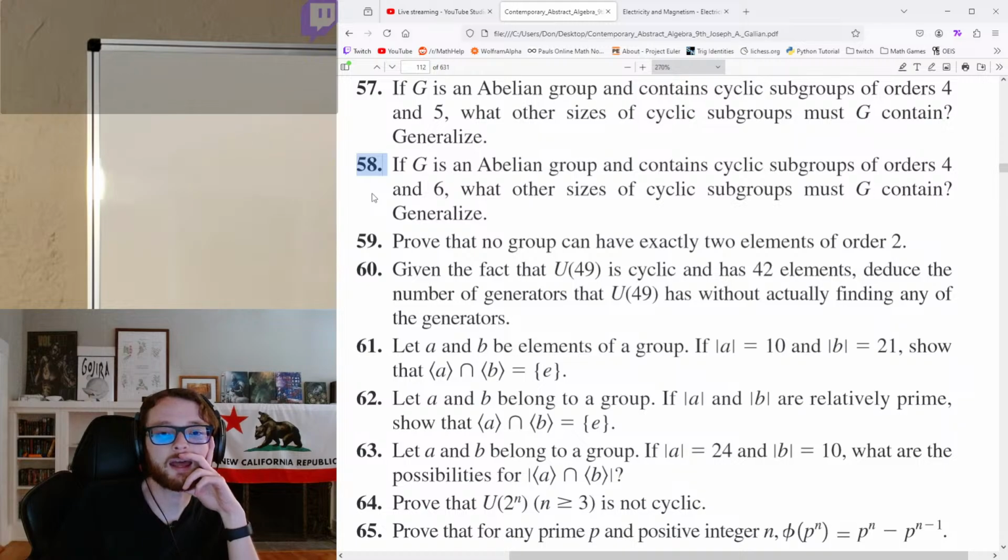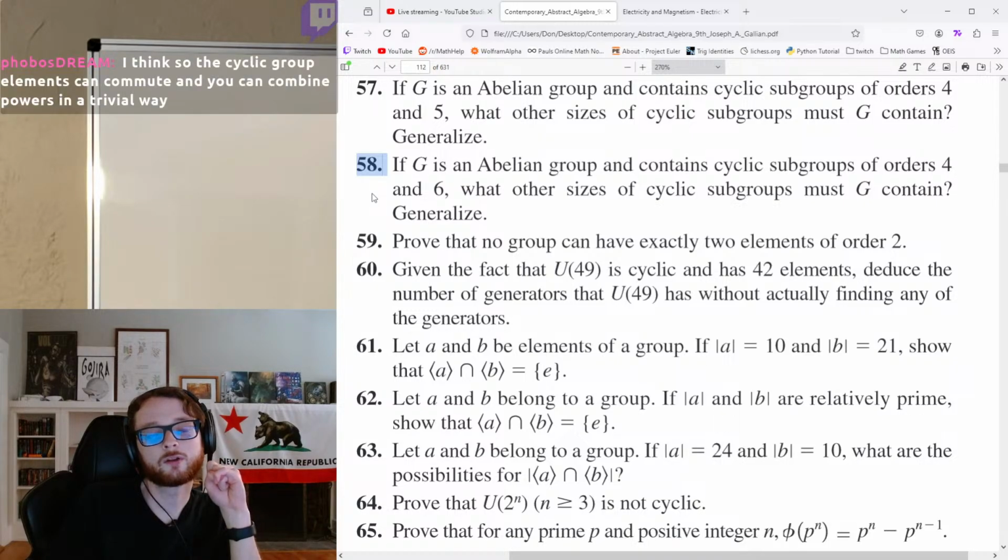But doesn't it have to have a subgroup? If there's a cyclic subgroup of 4 and 6, one doesn't divide the other. Or even then, their LCM has to be another cyclic subgroup, I think.